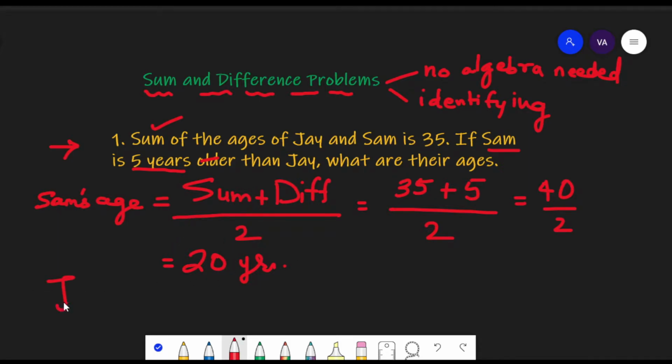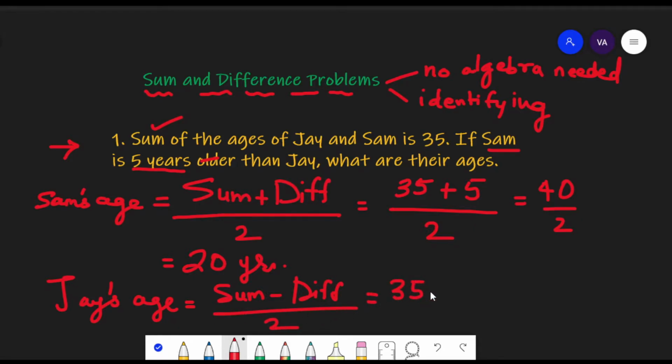Okay, then what is J's age? J's age means finding the smaller number. You just subtract the difference from the sum and divide it by 2. So you get 35 minus 5 divided by 2, which is 30 by 2, and you get 15.